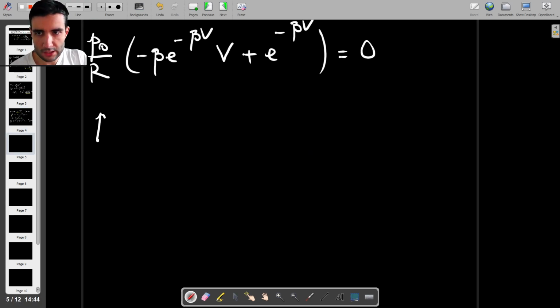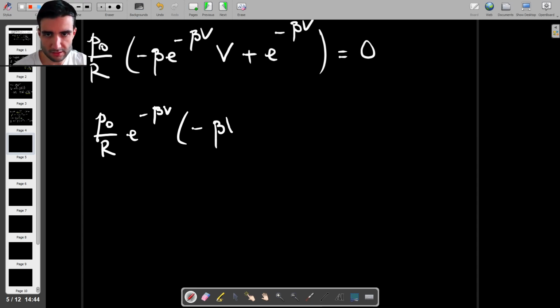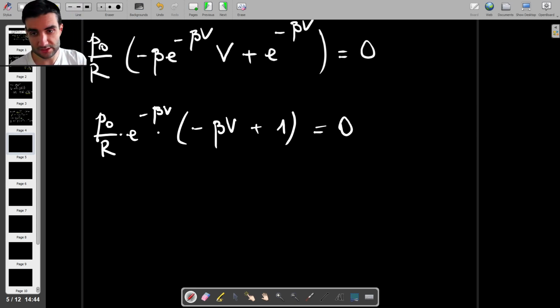And let's factorize e to the minus beta V. And in the bracket, I'm going to have minus beta V plus 1, and that is equal to 0. So this is a product of three things. So the only way in which this is 0 is if this is 0, which cannot be true, because P naught is non-zero.